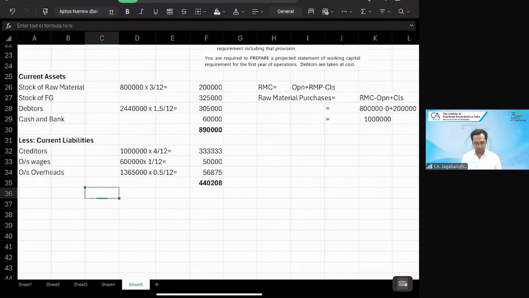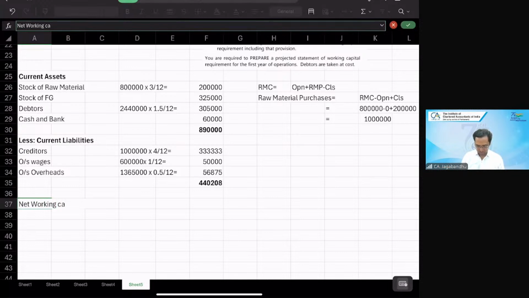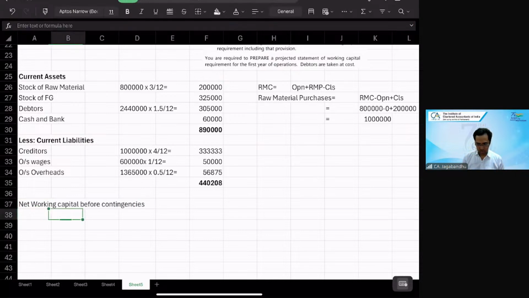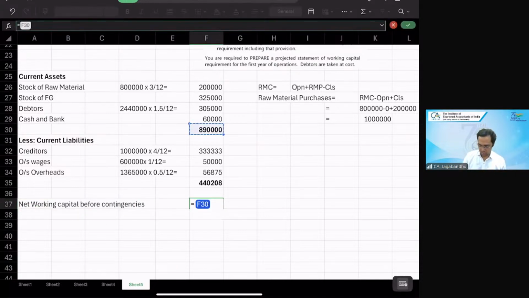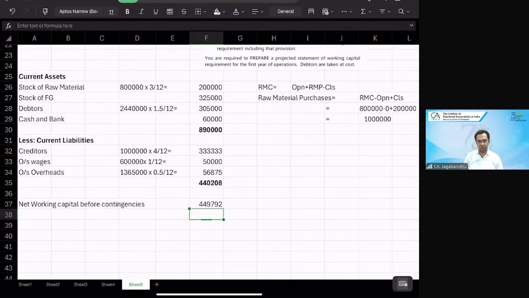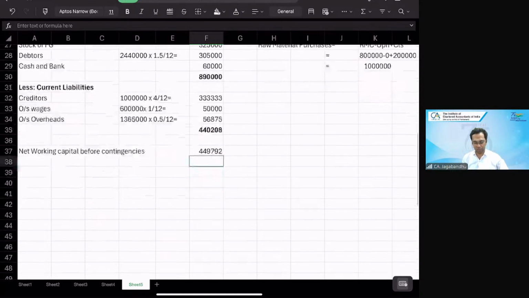And then finally, we will say net working capital before contingencies. So net working capital before contingencies is 4,49,792.